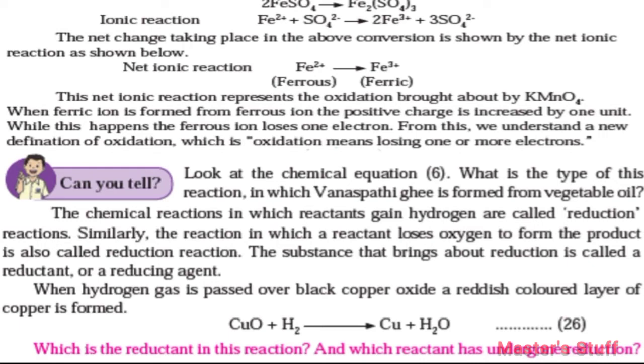When hydrogen gas is passed over black copper oxide, a reddish colored layer of copper is formed, that is CuO plus H2 gives Cu plus H2O.